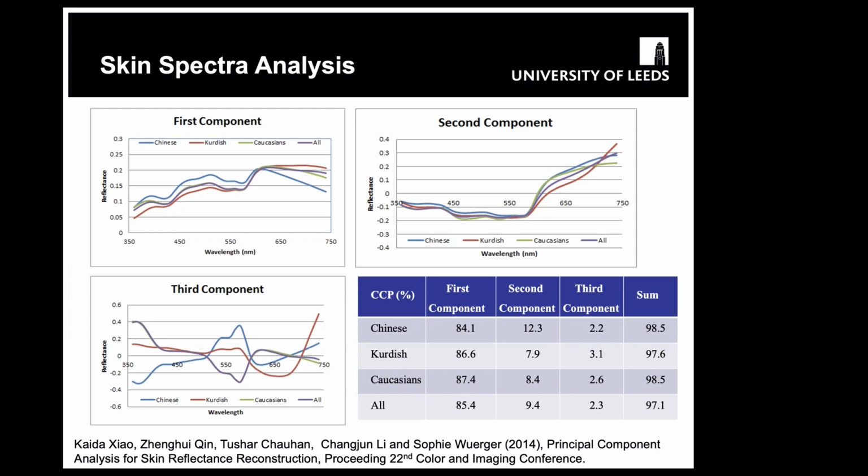We also do principal component analysis, and we found for the skin color, even if we just use 3 principal components, that can represent the whole skin color spectrum very well. For example, with only 3 principal components, we can represent pretty much 97% of the whole skin spectral reflectance.